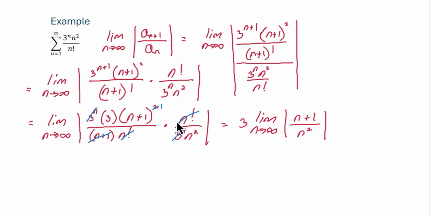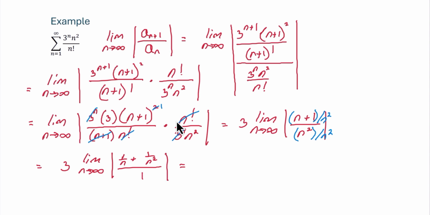From here, let's divide the top and the bottom by n squared. Three, limit of 1 divided by n plus 1 divided by n squared, all divided by 1. Evaluating the limit now, we get 3 times 0, which is simply 0.